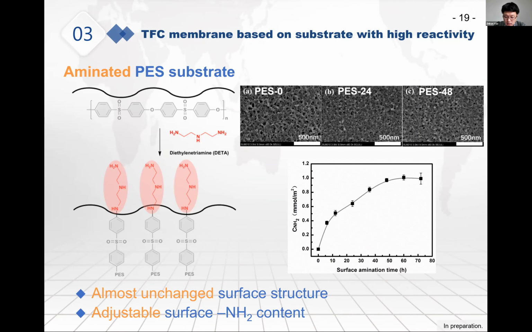This work had been reported by my student Mr. Kun Qian in the last reverse osmosis session, so I will skip the details since the time is limited. Briefly, we prepared the PS substrate with a surface amino group.